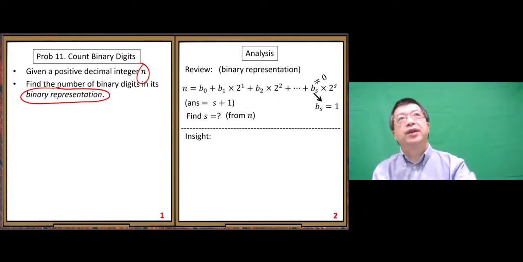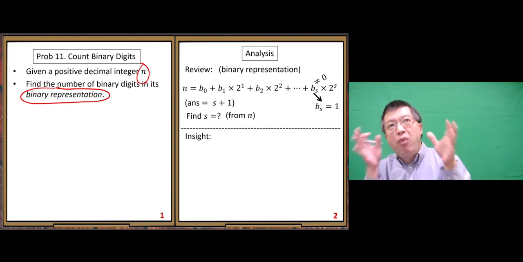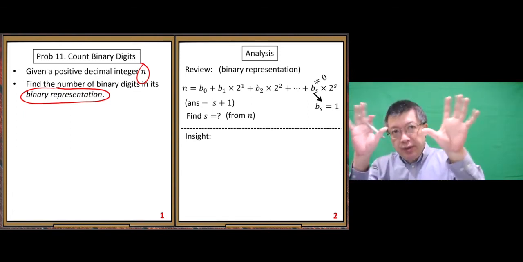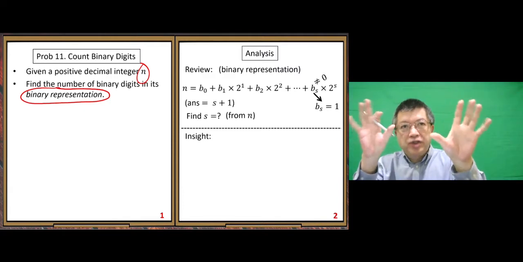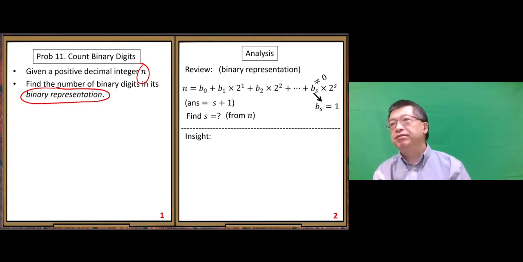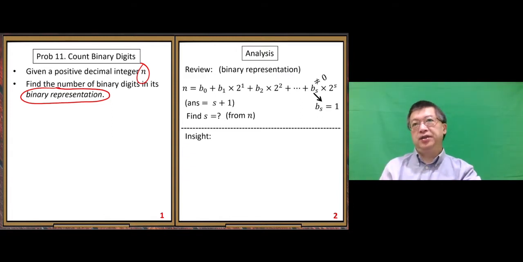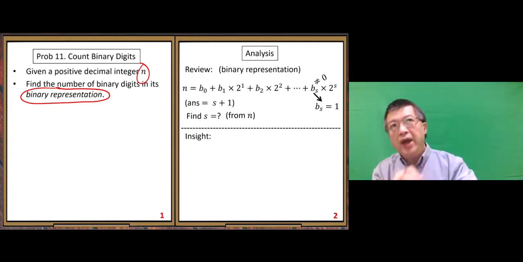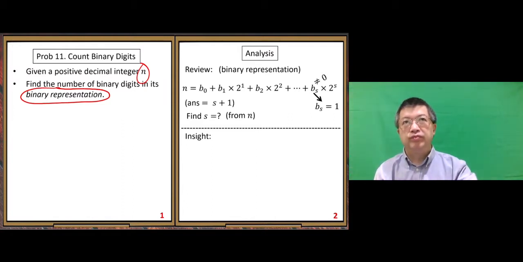Insight, the most important property of this problem. We want to find it. That is the insight. How to get insight? Here, the way we used before, you may still remember that.